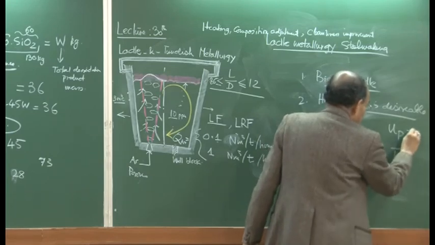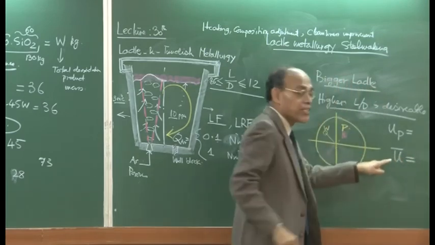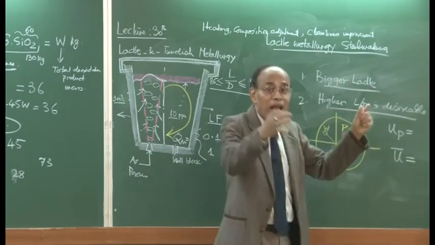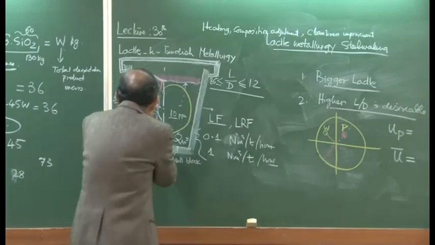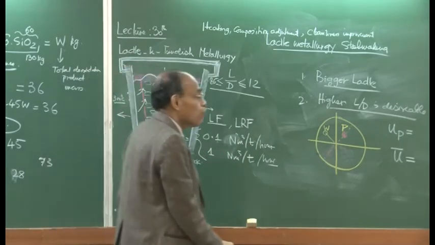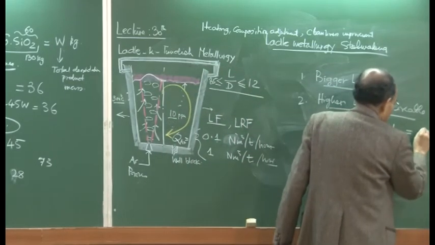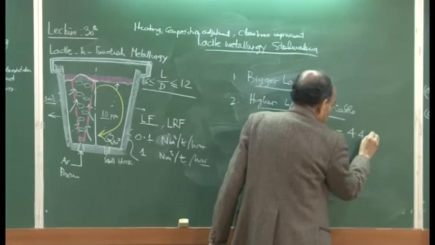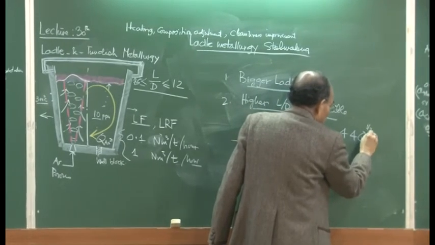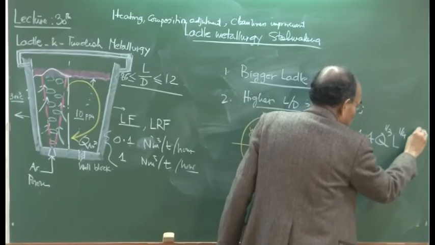One is the average speed of liquid recirculation, and the other is the average plume rise velocity. That means, for the gas steel plume, how fast it is rising. Two velocity scales are used to quantify this, and people write it as something like L to the power minus 1 by 4 and R to the power minus 1 by 3.